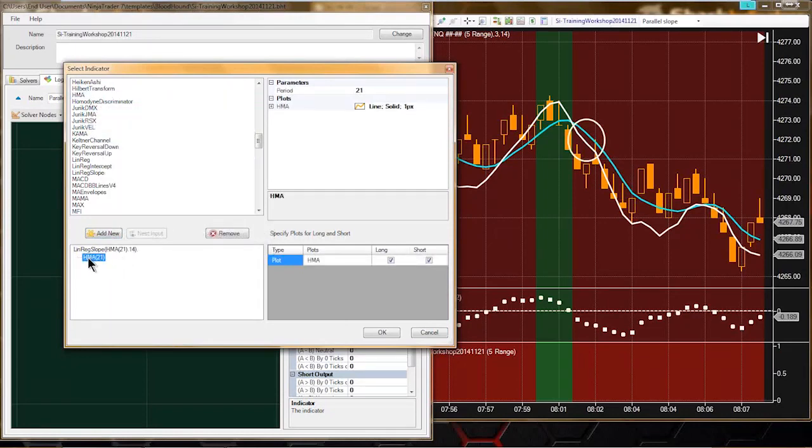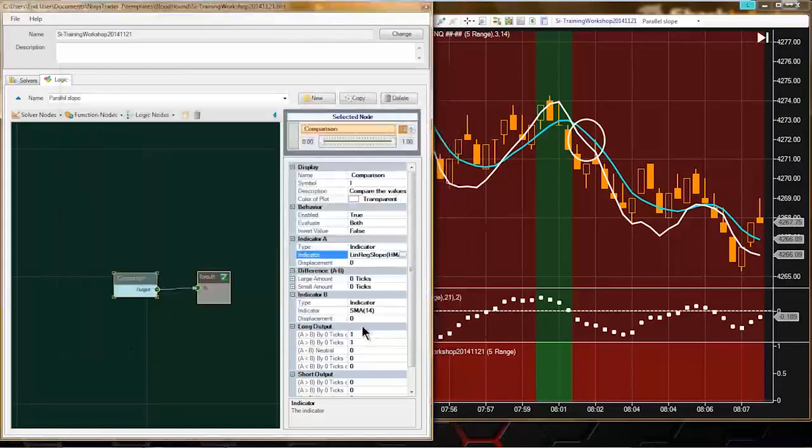Now we can see the HMA is being fed into the linear regression slope, the same as I did on the chart. Next I'll change my period for the linear regression slope, and I'm just using the default period for the HMA, so that's good. There's one of our moving averages set up.